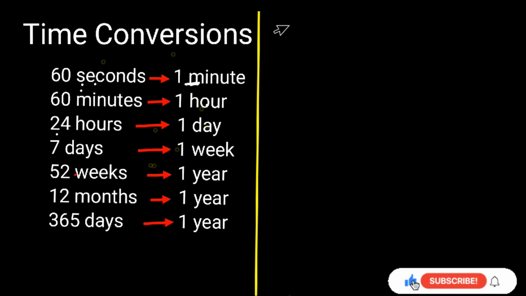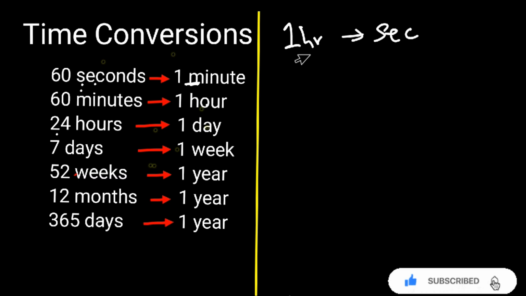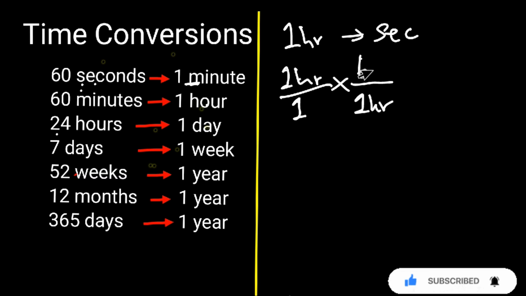So the last question is to convert 1 hour to seconds. And so let's start from 1 hour over 1 multiplied by, so after hour we have minutes, and the relationship between hour and minutes is 60 minutes make 1 hour. So we are going to write 1 hour in the denominator, so that this and this will cancel. 1 hour equals 60 minutes, and then multiply by the relationship between minutes and seconds.